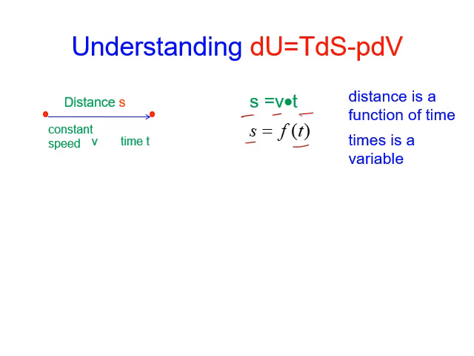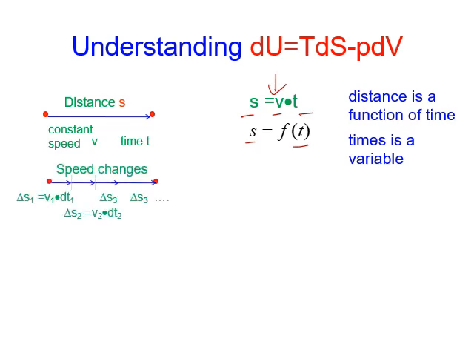Now, if speed is not a constant, if speed changes with time also, then we can only choose a small time interval, and that distance equals the speed in this time interval times dt. So ds equals vdt.